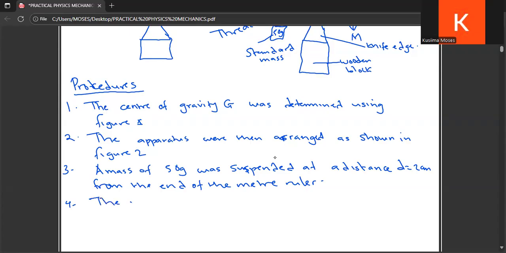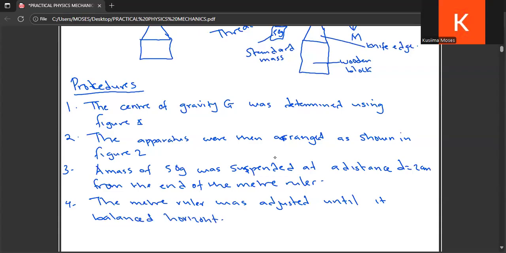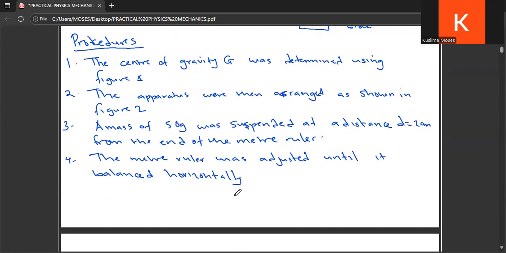The meter rule was adjusted until it balanced horizontally.